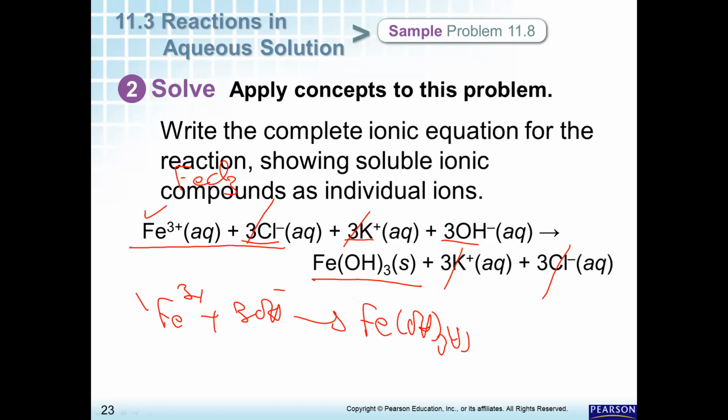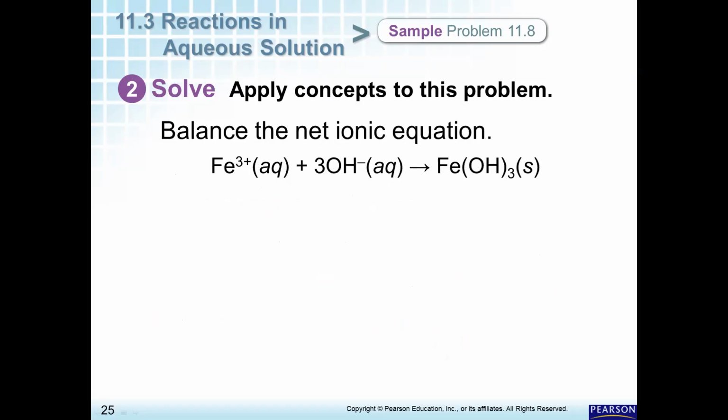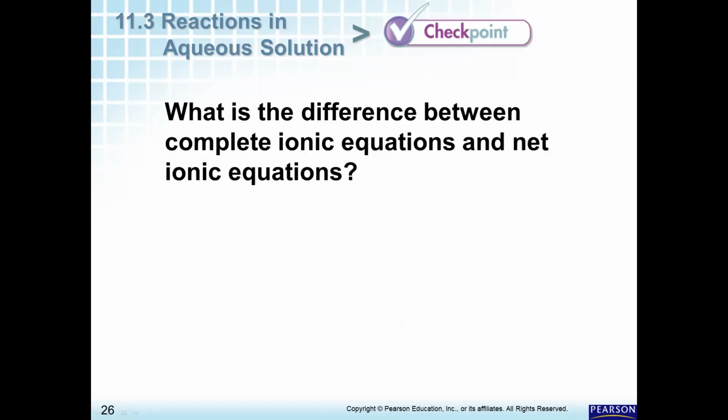We say that reaction of so and so will produce the following net ionic equation, and you will have 4 or 5 choices, and you have to choose based on what you know. Okay, this is the one that we have. What is the difference between a complete ionic equation and a net ionic equation?